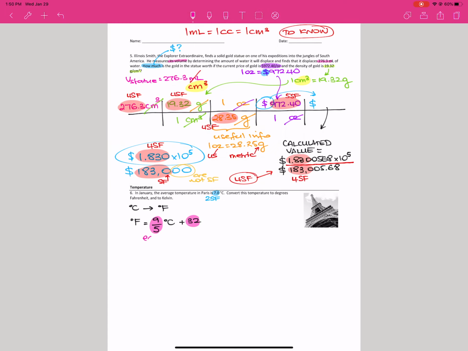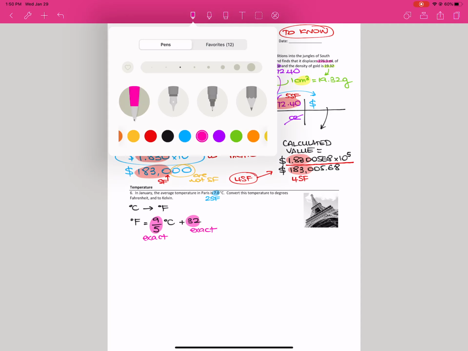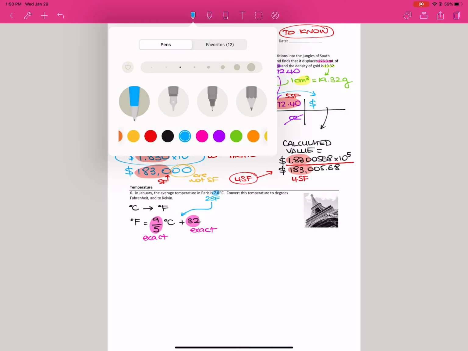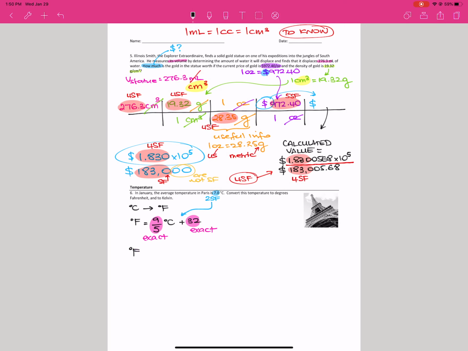So now we're going to plug in our value in there. So we have now Fahrenheit is equal to 9/5 times 7.0 Celsius plus 32. It's a combination of multiplication and addition here.